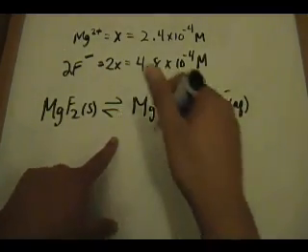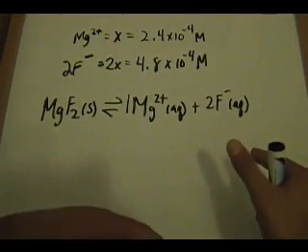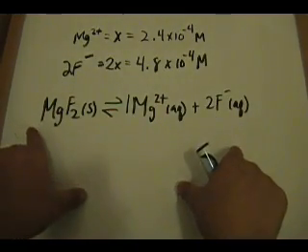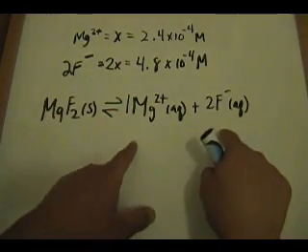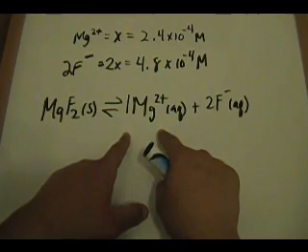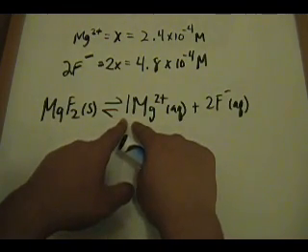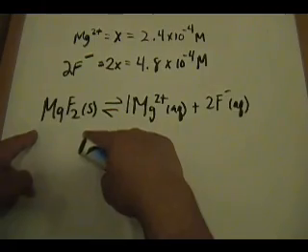So whenever you're trying to figure out the molar solubility, look at your reaction. Whichever product, which is your ions, that has a 1 in front of it, a coefficient of 1, that is specifically tied to the molar solubility.